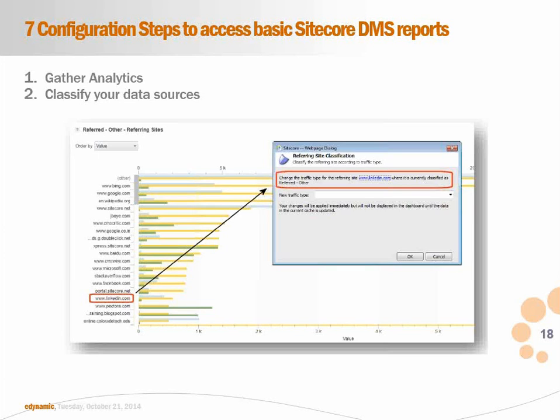When you classify a traffic type, the changes are applied immediately. They might not be visible in the dashboard until the data in the current cache has been updated. So those are the first two steps: you need to map the analytics database to the right database and classify the data sources. Now let's move on to the next few steps.